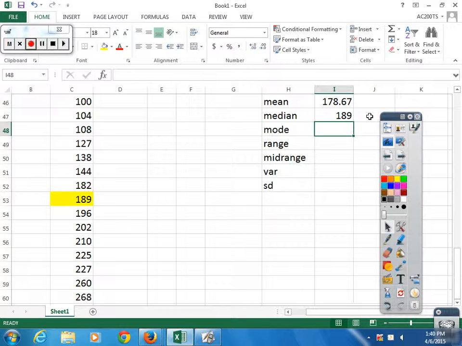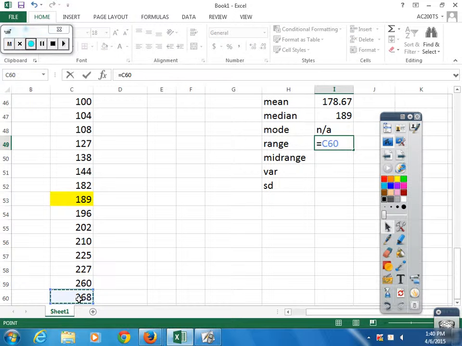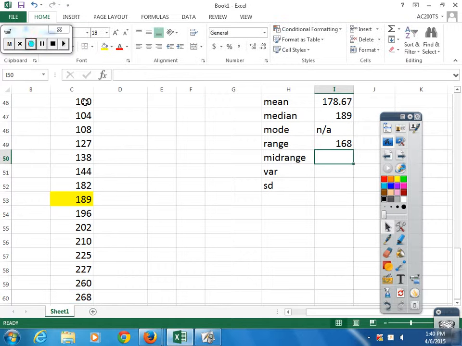Mode, I don't really care, but do we have a mode? No, none, so you put NA, or don't have one. Range is equal to this minus this. Mid-range is equal to the highest plus the lowest divided by 2.